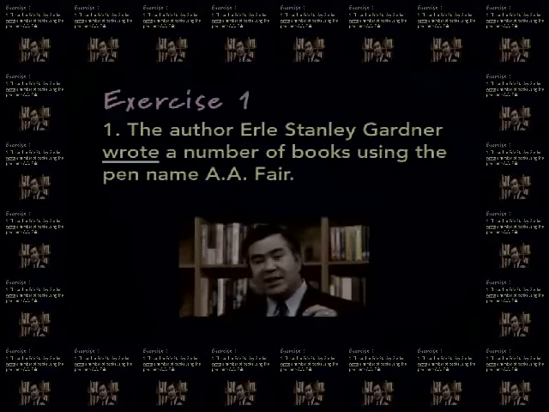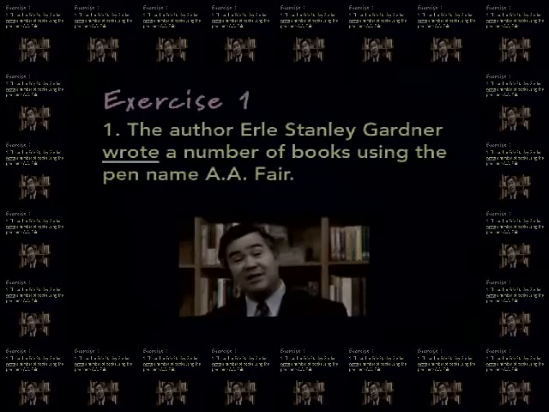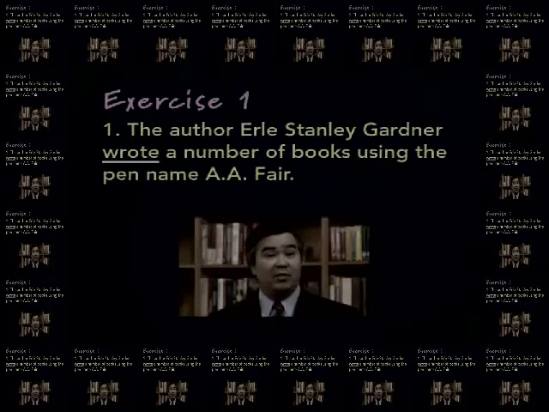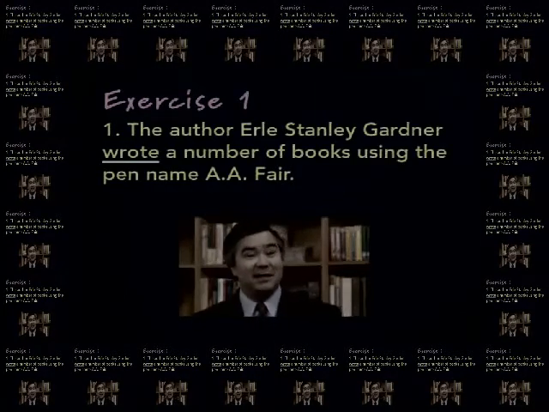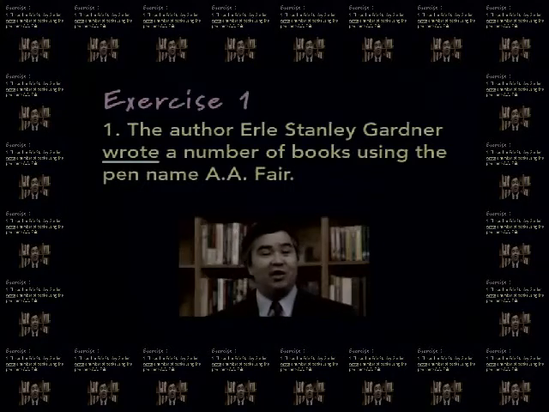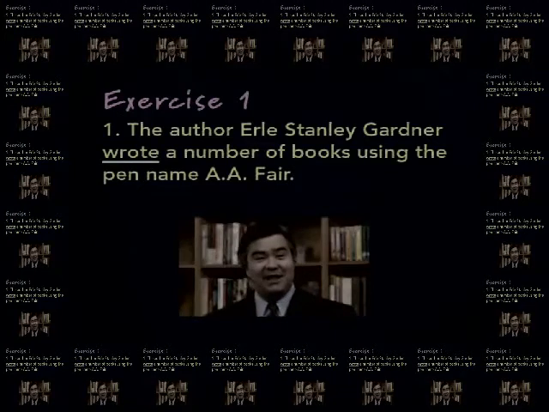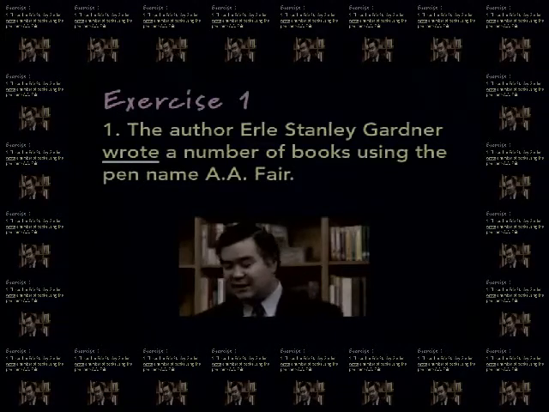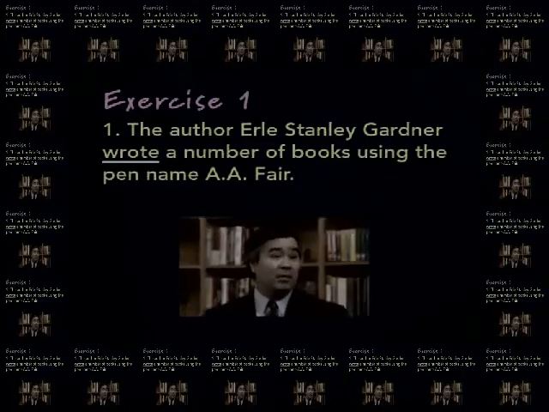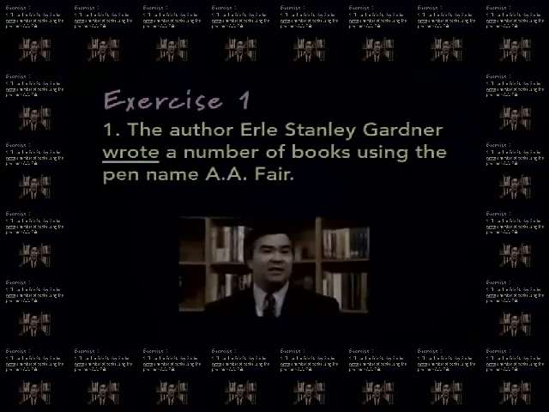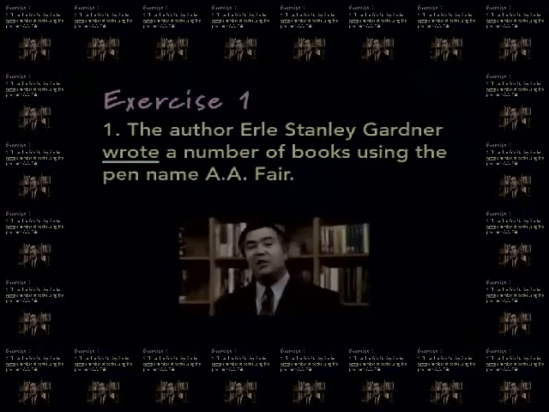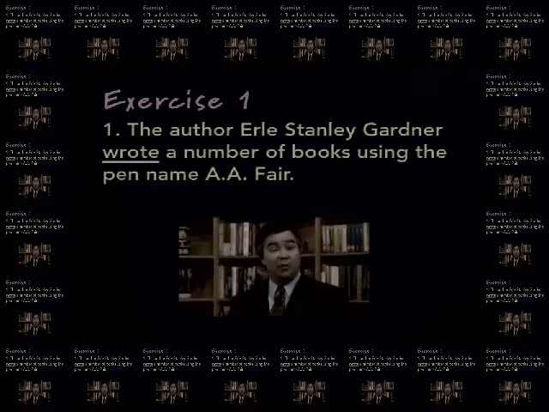And is there anything in the sentence which receives the action of the verb wrote? That is, does the sentence tell us something that Earl Stanley Gardner wrote? The answer is yes. It's the word number. Or to give the entire phrase, it's a number of books. That's what he wrote. He wrote a number of books.